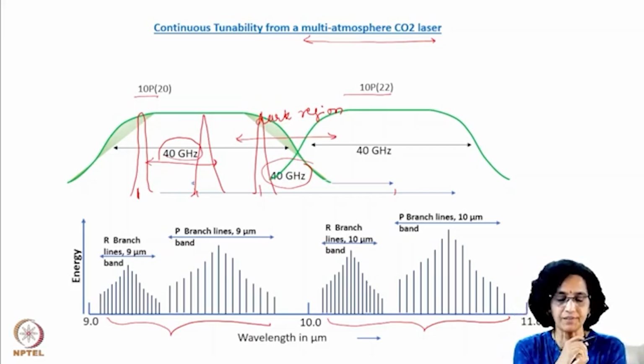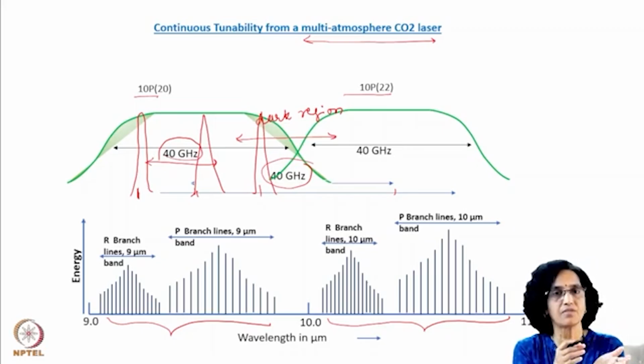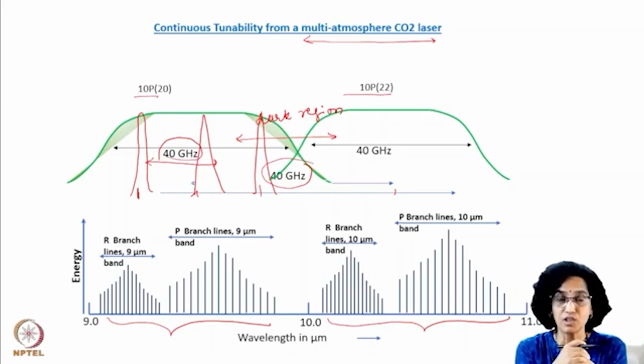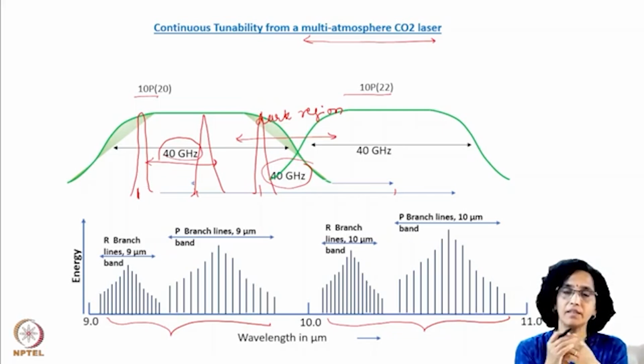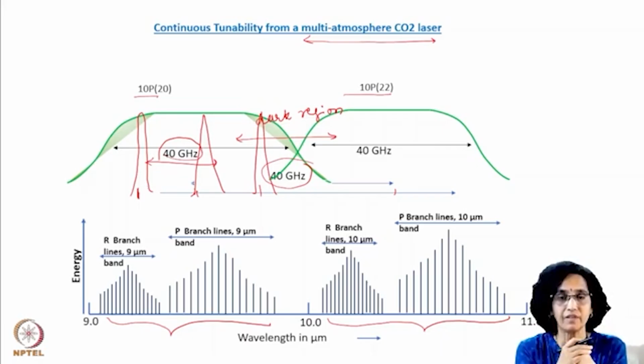So what we have learned in these classes is the spectroscopy of molecules. You have learned that it has vibrational, rotational features also, along with electronic energy levels, and the transition between these rotational vibrational levels gives rise to the emission in a CO2 laser in the mid-infrared region.